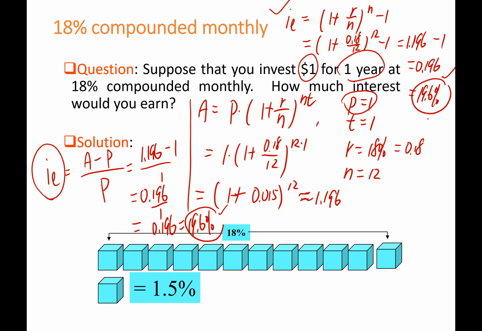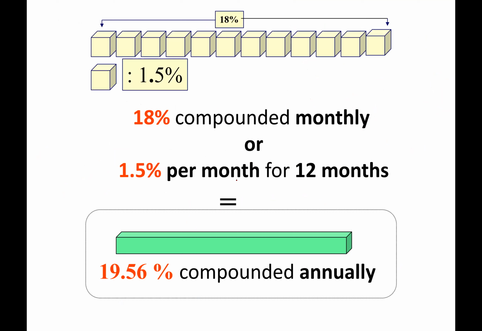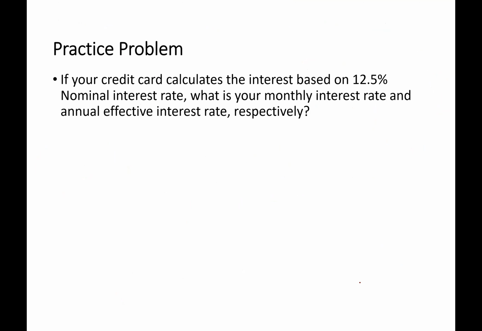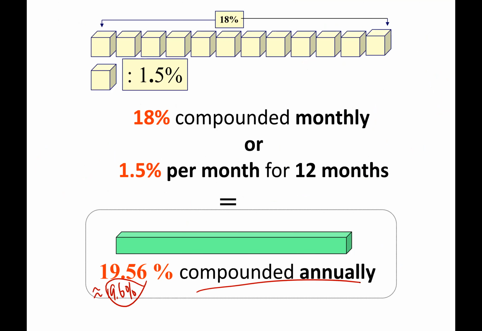So 1.5% per month is approximately 19.6% compounding annually. That means the actual interest you pay to the bank, or the bank pays to you, will be 19.6%. That's how we utilize this compound interest concept to figure out the actual interest rate.